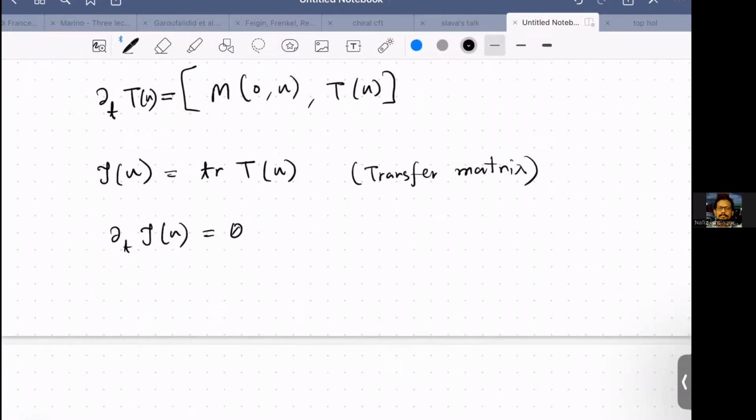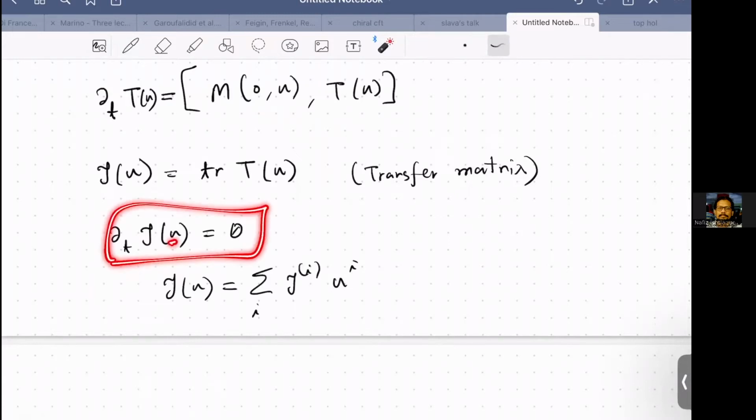Now, since this is a function of u, you can expand it as a power series in u. So you can write it as a sum over i of u to the power i. And this is conserved for any value of u, meaning that all these coefficients are individually conserved, right? So this way you get a lot of conserved charges.